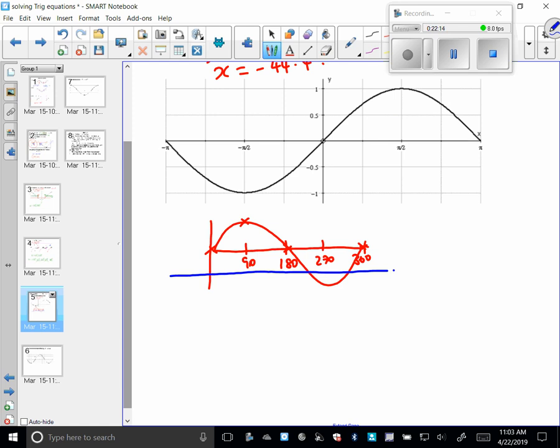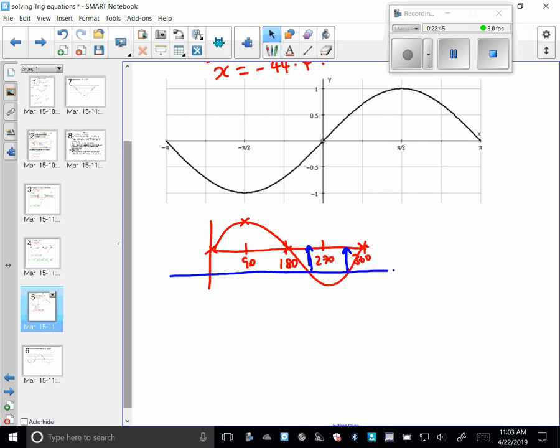Can't stress enough, it doesn't matter if it's not in the right place. I've made it more than a half because I know it's more than a half. So I know it's this value here and this value here for my diagram. Now, I did say that the calculator gives you the answer closest to the y-axis, which is why the value of negative 44.4 is not on my diagram.